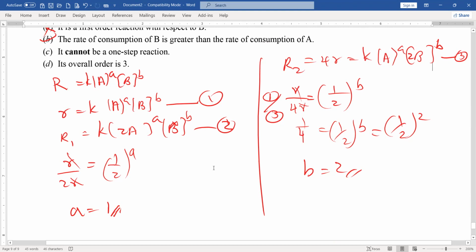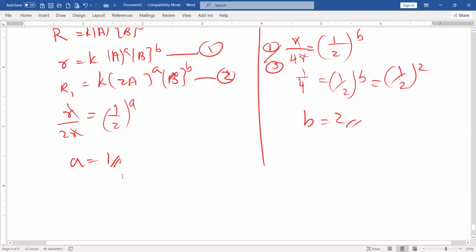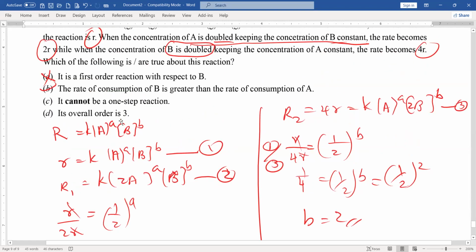Normally remember that when the order increases, the reaction becomes more and more complex. Right? So the overall order is 3. Yes. Overall order is 3. That's correct. C and D are correct. That is the answer.